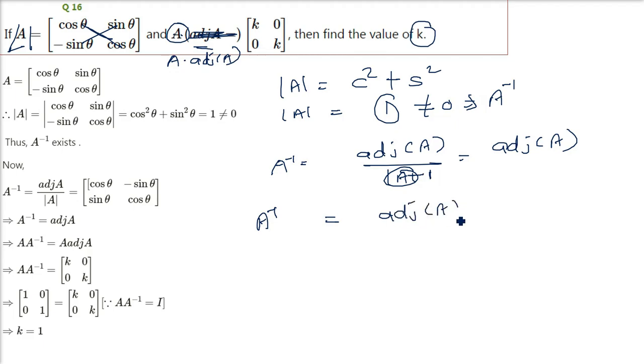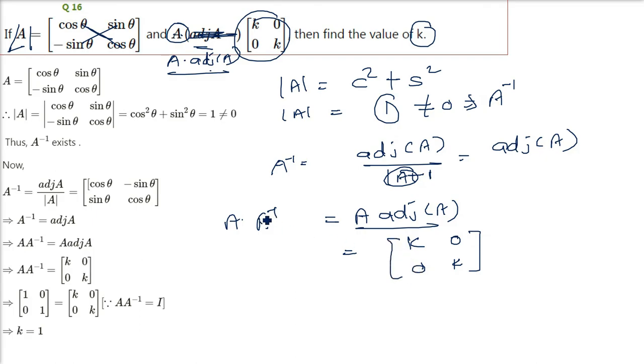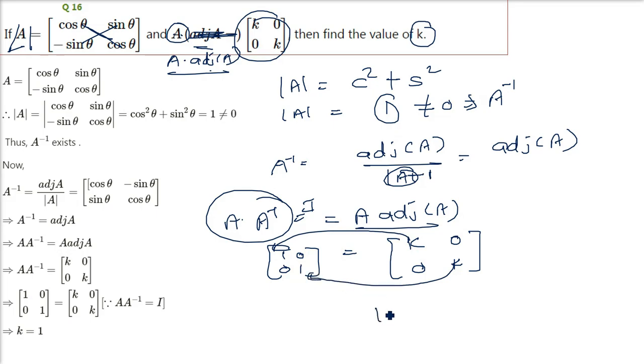The right hand side we already have, because it is given as K 0 0 K. On the left hand side, A into A inverse is the identity matrix. So we can just write it as 1 0 0 1. The diagonal should be 1, the others should be 0, and you just equate: K equals 1. So this is your K.